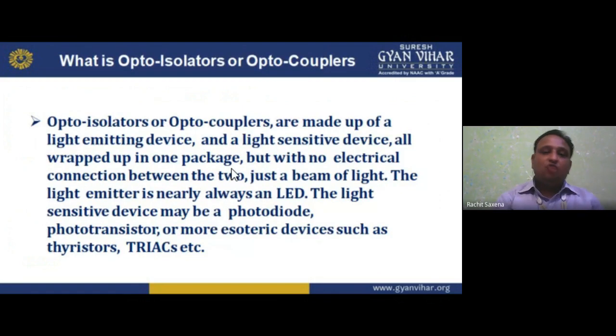Now, what are opto-isolators or optocouplers? Opto-isolators or optocouplers are made up of a light emitting device and a light sensitive device, all wrapped in one package, but with no electrical connection between the two.